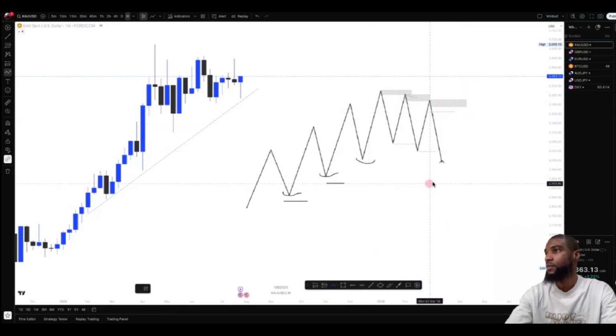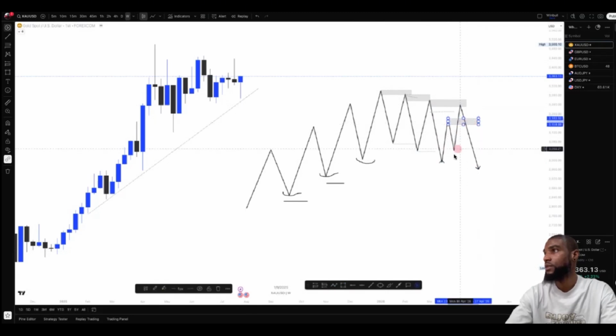So let's say for example, after this break of structure here, price came back here, right? And engineered liquidity, which we can call inducement, and then comes back and mitigates it. The reason most traders, maybe you didn't know that this is an inducement, take a trade here is because this lower high did not break structure.